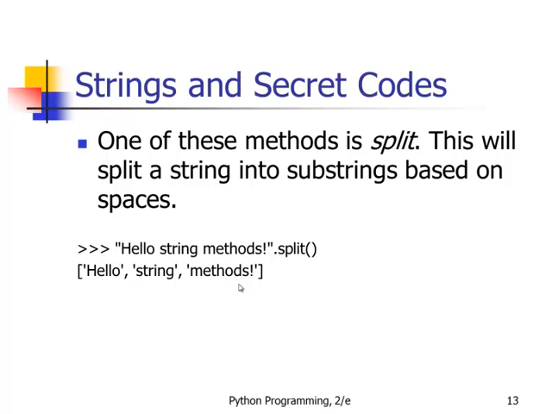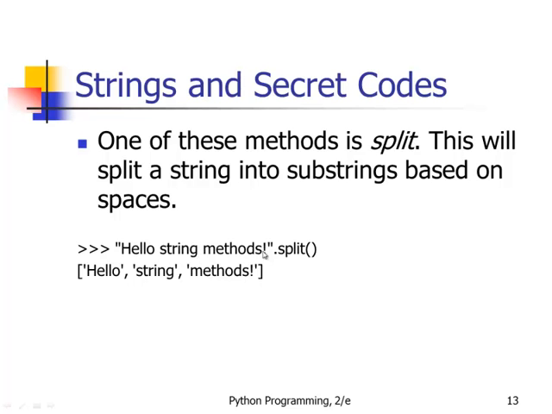So if we want to split a string into substrings, we can do this by using the split function. And what it will do is split our string into substrings. So here's a literal string that says "hello string methods", and I type in split, and as soon as it finds a blank space, it identifies that as a separate substring.